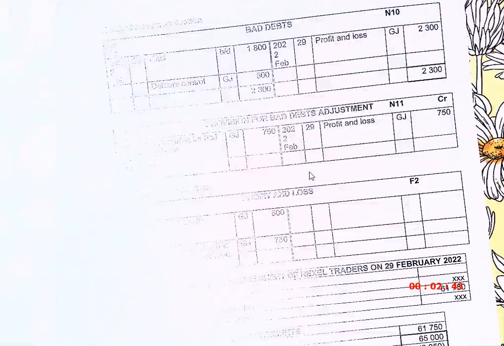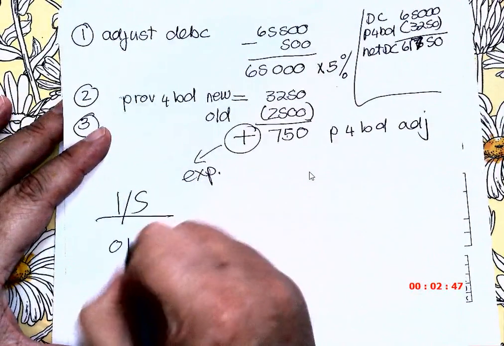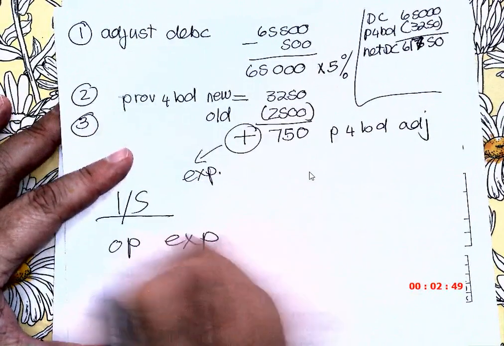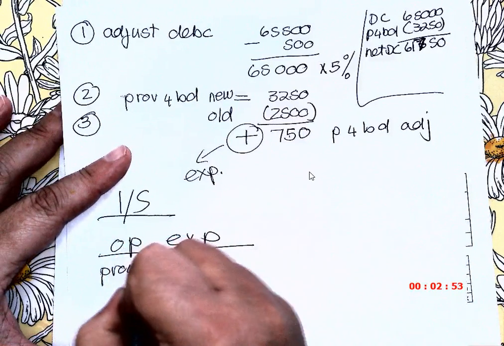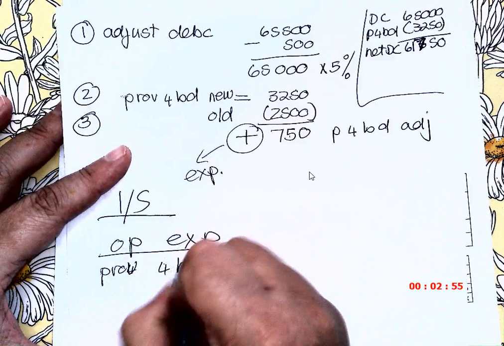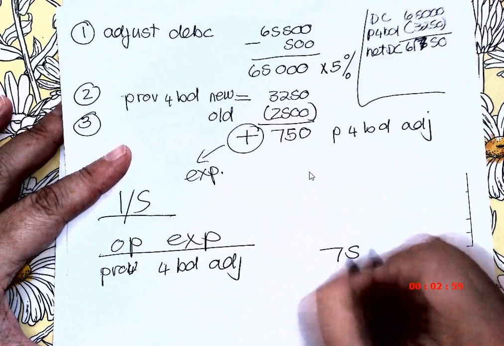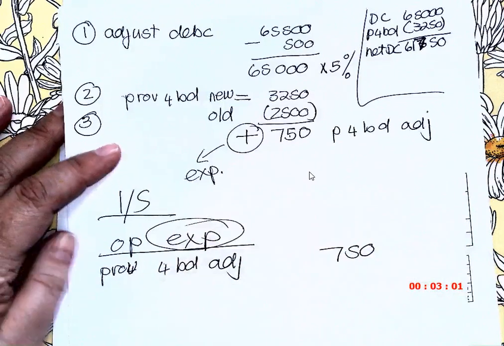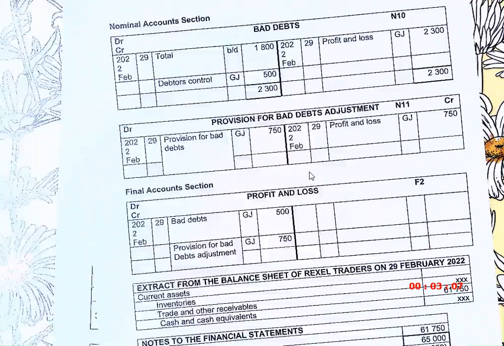No. So if I go to my income statement, under operating expenses, I'm going to have provision for bad debts adjustment 750. Okay, everybody with me? Okay, so let's do the next one.